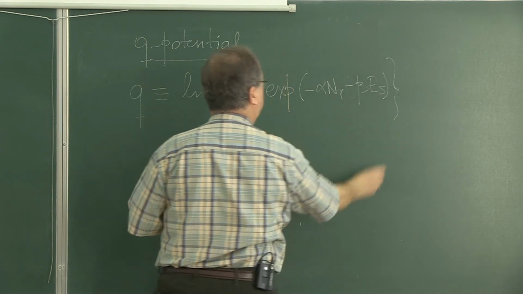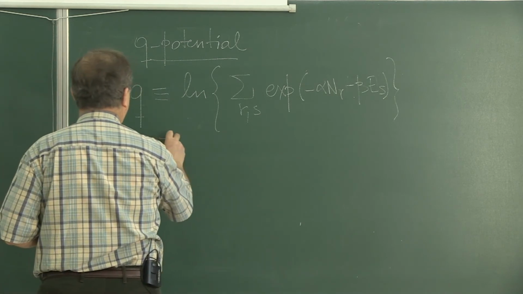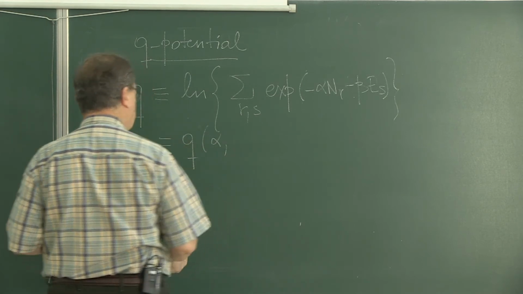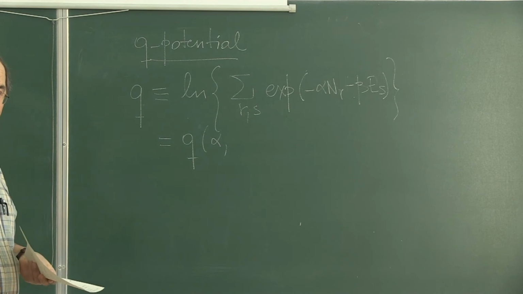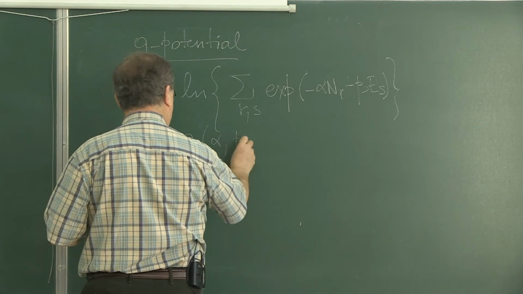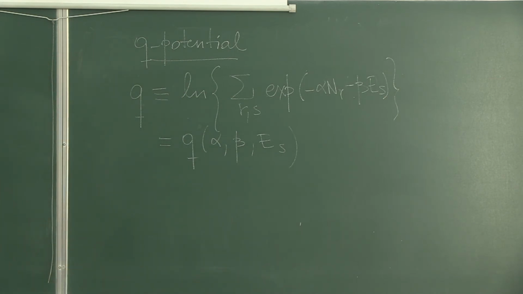So it is quite practical to define it as the Q potential, whose derivatives will give us the average values. You can treat this as a function of alpha, which is related to chemical potential, a function of alpha, beta, temperature, and the available energy states E_S.